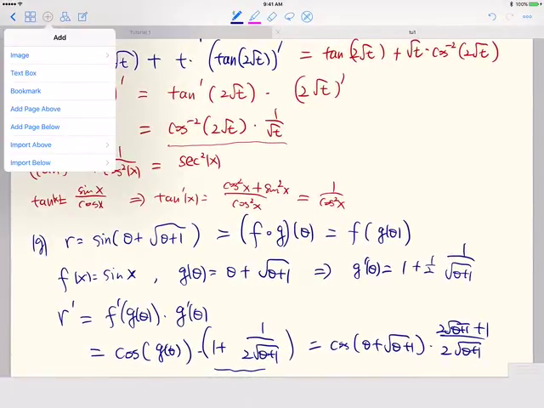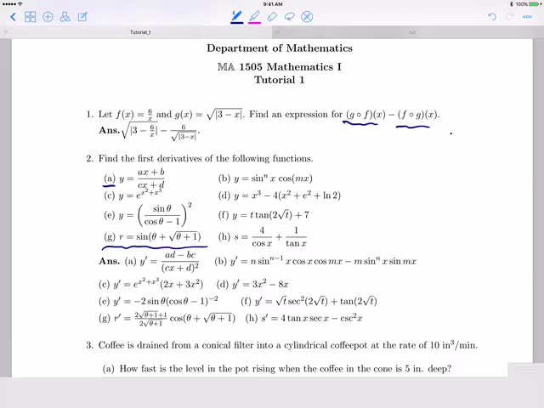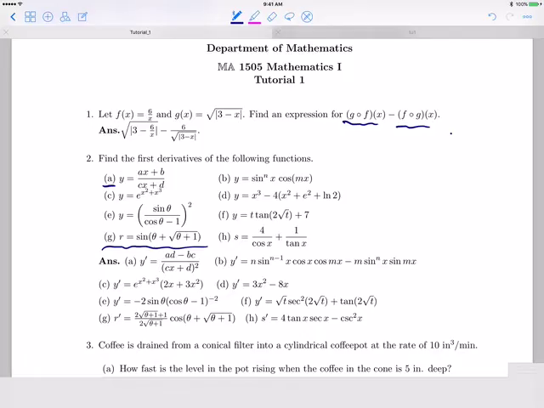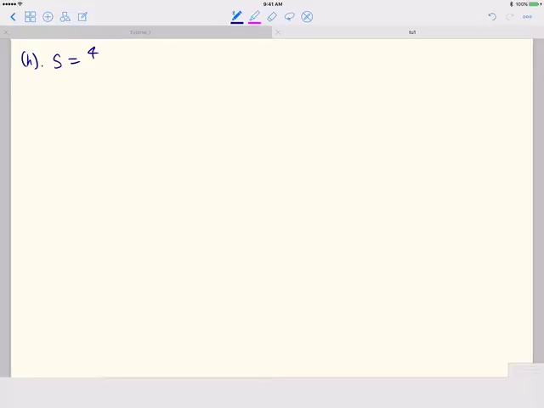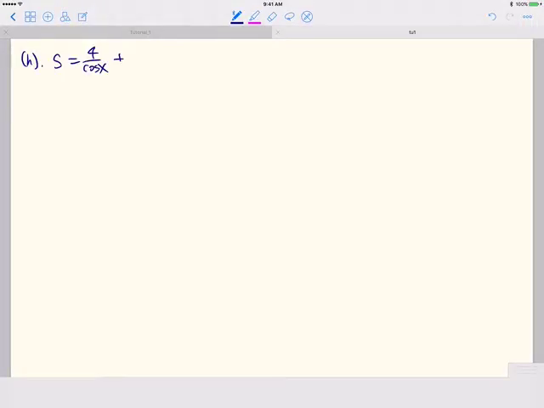Okay, we have to add our page below, right? So for this question, S equals 4 over cosine x plus 1 over tangent x.